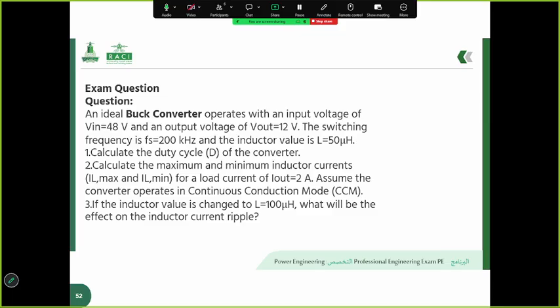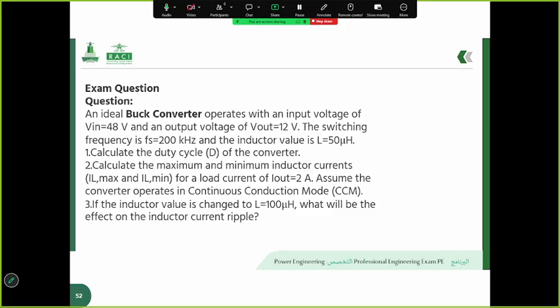With a switching frequency of 200 kilohertz and an inductance of 50 microhenry, the problem then moves to evaluating the inductor current waveform, where the average inductor current is equal to the load current of 2 amps under ideal conditions. Using the inductor ripple current expression, the peak-to-peak ripple is determined, allowing calculation of the maximum and minimum inductor currents around the average value, which is essential for verifying CCM.